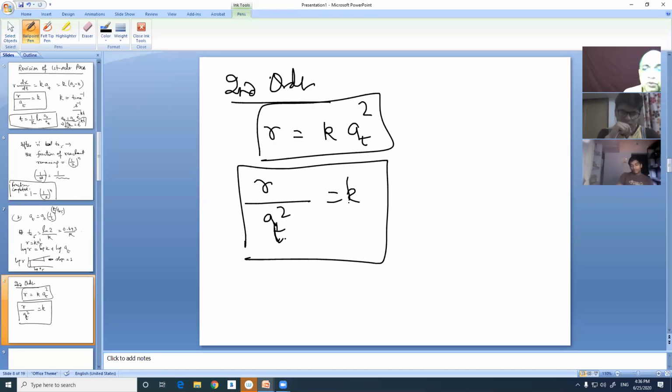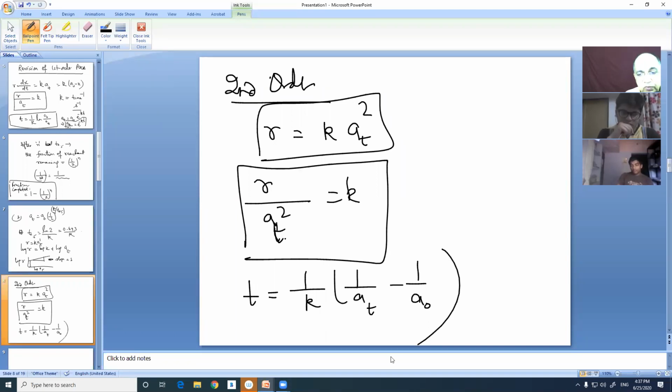And the integrated equation you get is very simple. There is no log term here. kt is equal to 1 by at minus 1 by a0. And the unit of k, as you know, is molarity inverse, second inverse, or you can say liter mole inverse, second inverse.